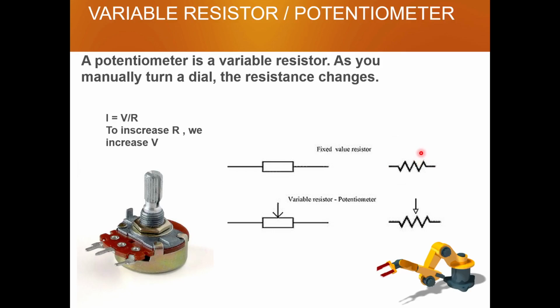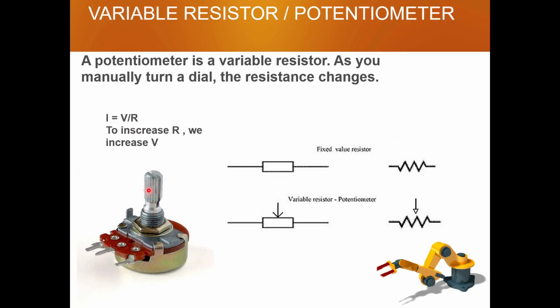So if we want to increase or decrease our resistance, or if we want to reduce the current or increase the current, we'll be using this. Now the formula by Ohm's law is I is equal to V by R. So to increase R, we have to increase V. V and R are directly proportional. Directly proportional means when one increases, the other also increases.